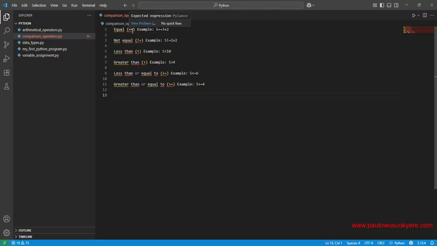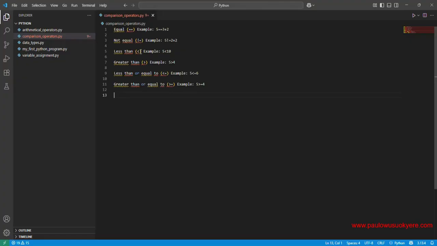An example is 5 equal 3 plus 2, which means 5 is the same as 3 plus 2. And then not equal. Example, 5 is not equal to 2 plus 2, or 5 is not the same as 2 plus 2.